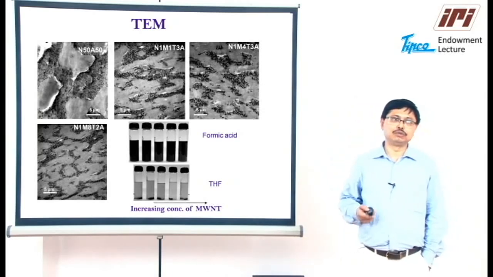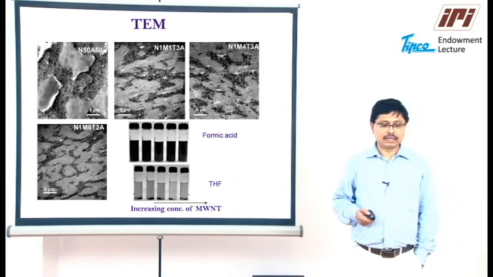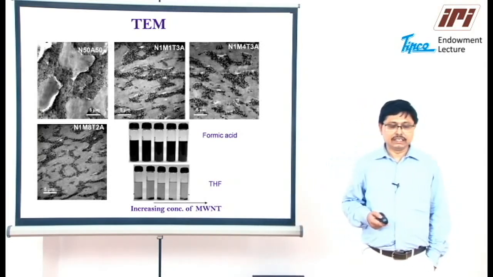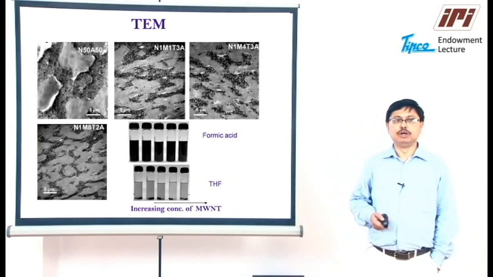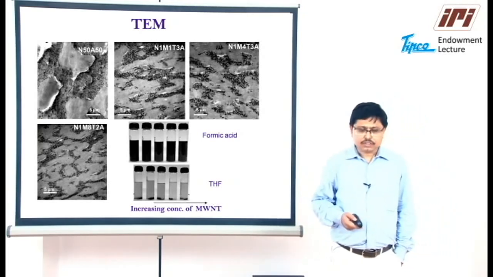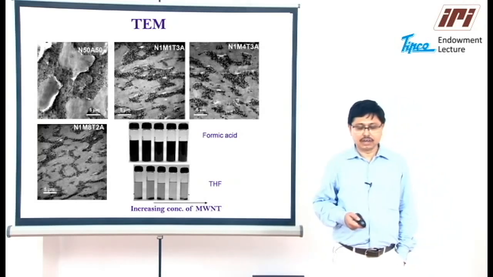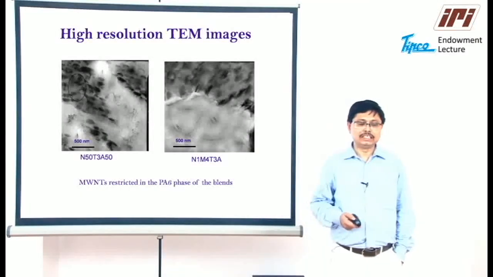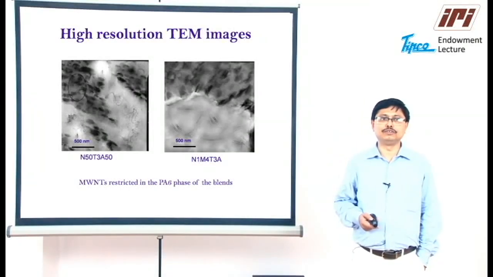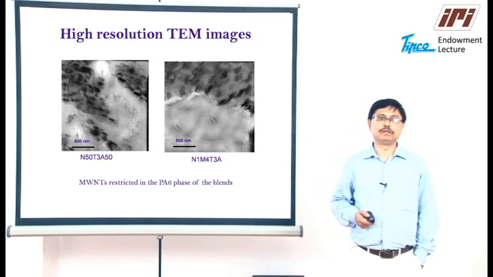in THF, which is a good solvent for ABS, we could not find much change in the color. But with increasing multi-wall nanotube concentration, in the case of the purified nanotube, we could see a change in color from colorless to gray in the THF solvent, which suggests that along with the preferential localization of the multi-wall carbon nanotubes in the polyamide 6 phase, there is a redistribution or migration of the nanotubes into the ABS phase as well.